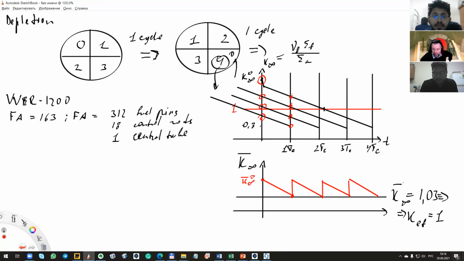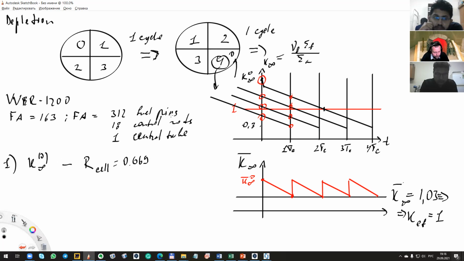So, okay, what are you going to do? First, you calculate K-infinity 0 for a cell radius 0.669.